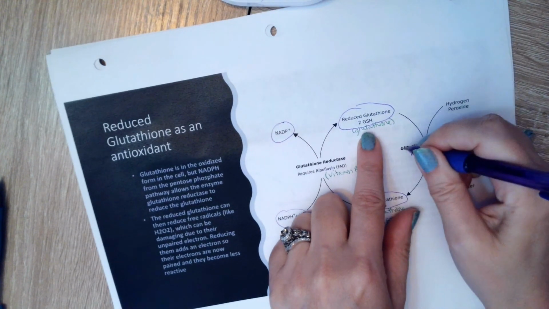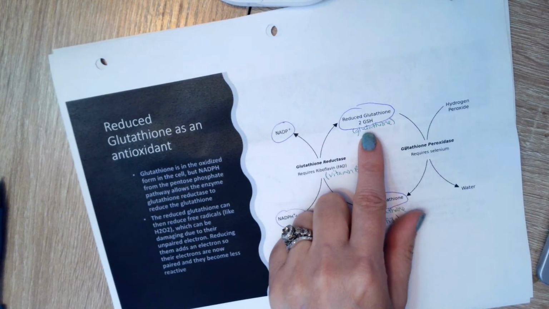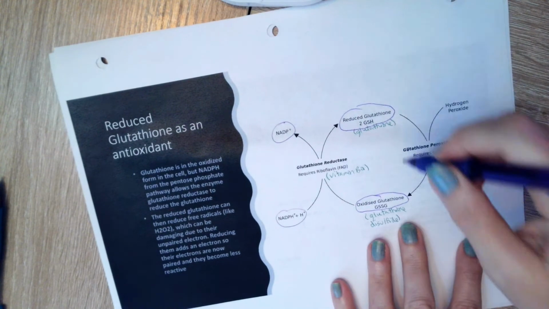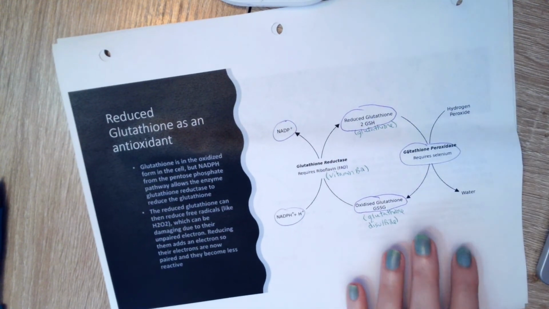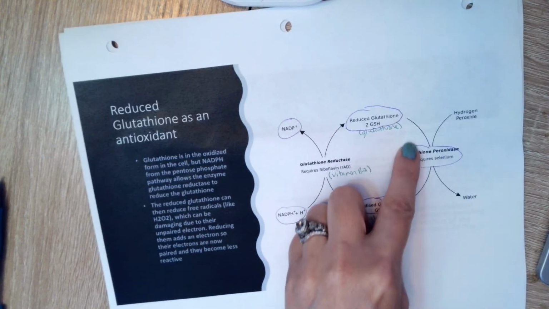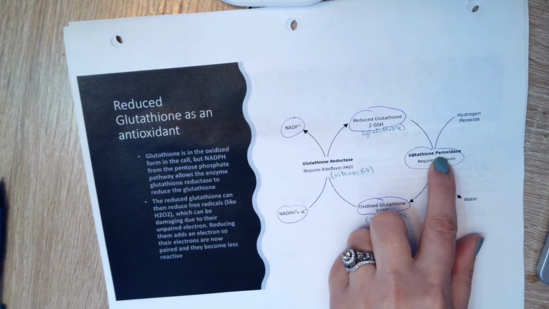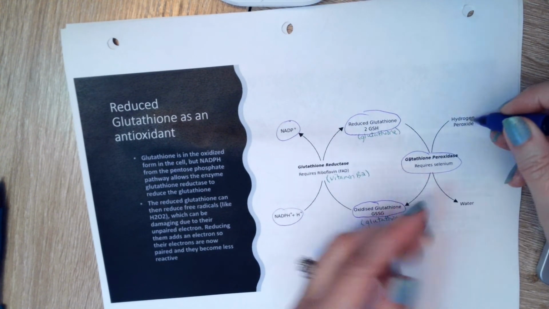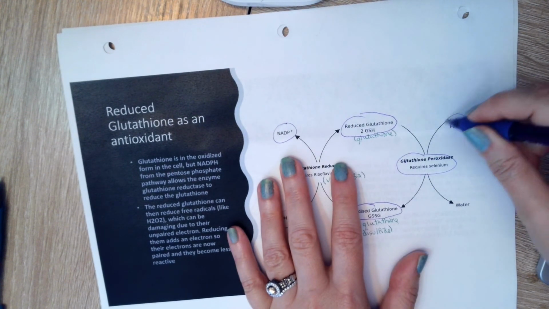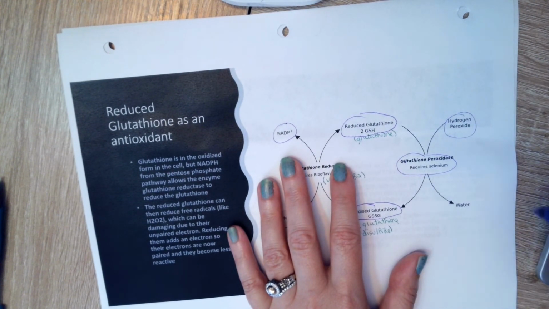On this slide, this should be a U here, glutathione peroxidase. This is another enzyme that we have here. The reduced glutathione can be acted on by the glutathione peroxidase, and it will cause the reduced glutathione to react with hydrogen peroxide.